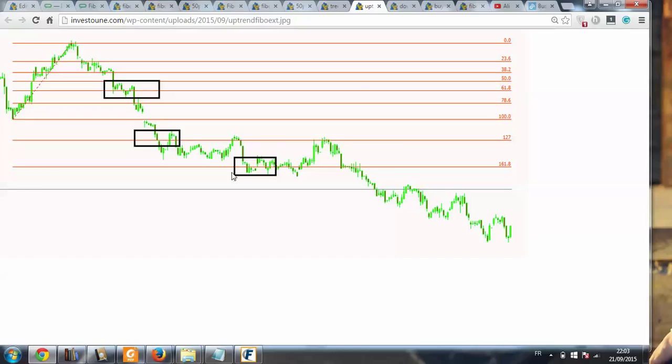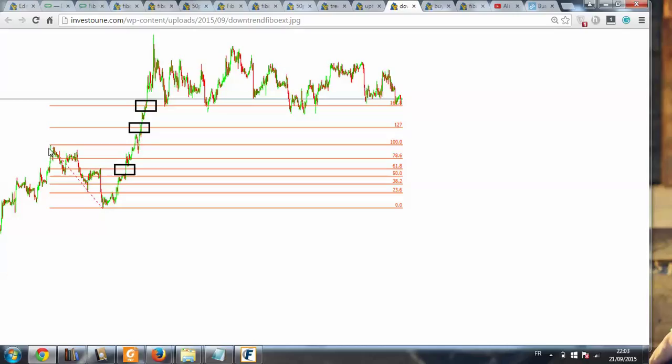It's very simple. And here, for example, we have a downtrend, then a reversal trend that breaches the 61.8% level, then continues its direction to target the first extension 127%, then the final extension 161.8% level.